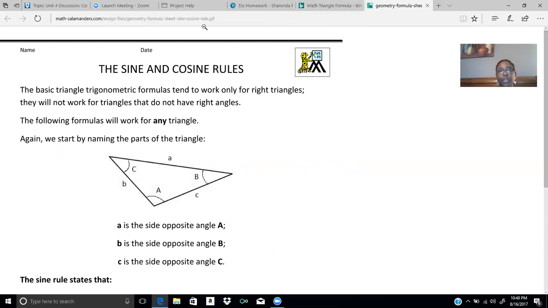If you have questions or if you need a particular problem explained, please let me know. I will also browse through the homework, just to cover some things so you can see exactly how some of these sine and cosine rules are applied with non-right triangles. So if you have questions, please let me know.